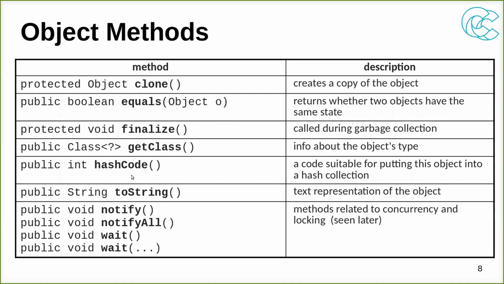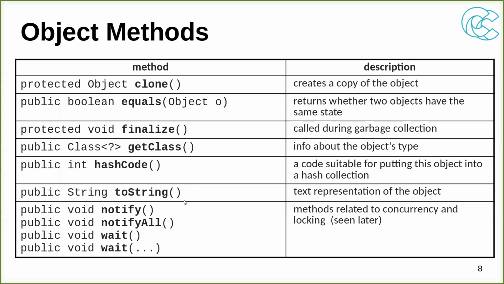As the name says, it will return the hash of this object. That's mostly calculated based on the state of the object. You can use this when, let's say, you want to store this object in a hash map, right? The way to do that is through this hashCode. It will make use of this hashCode and store this object in the hash map.